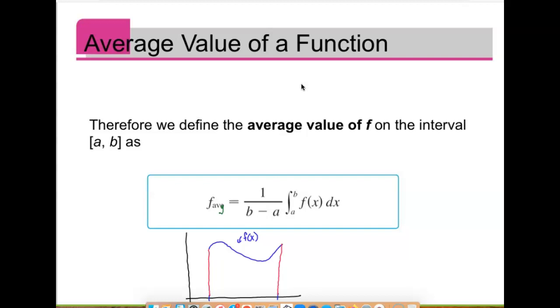So what we're doing is we're taking this area, we divide out the length of the interval, and it leaves us with the average height. So that if I were to graph in that average height, like here, I would end up with a rectangle that has the exact same area within it as the area under the curve. Does that make sense? All right.